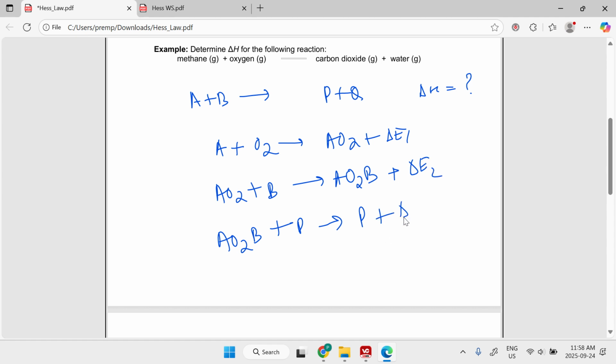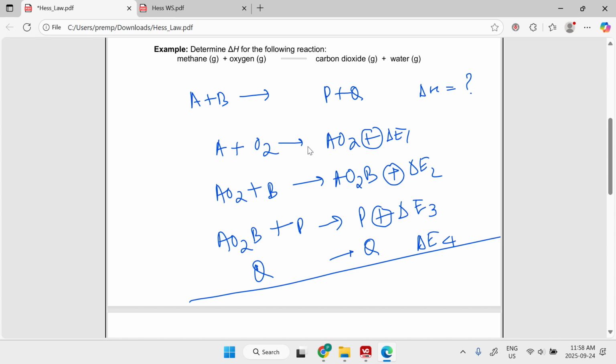So here we have this energy E3, and don't go by this sign because they seem like they are all exothermic, but I'm just assuming we have delta H here, some values. So when we combine these, say at the end we get Q equal to Q, and then we have delta E4.